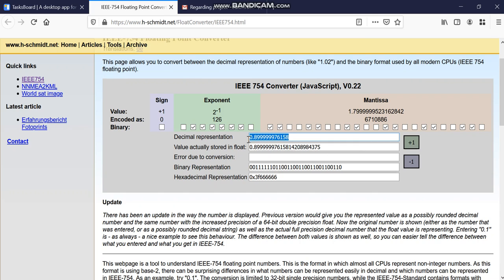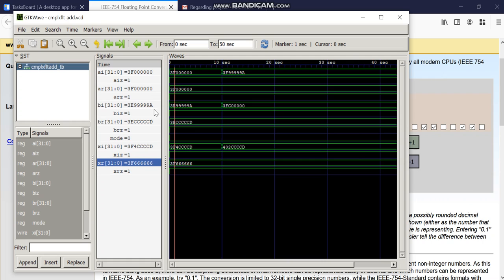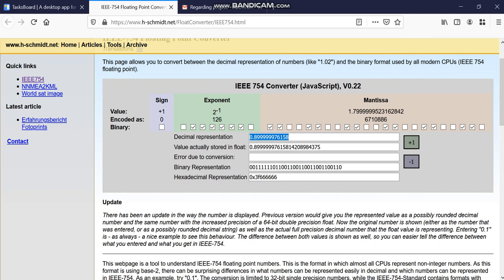So yes, this is equivalent to 0.9. Now coming to the imaginary part of the first set of inputs, it is 0.5 and this is 0.3, which should give us 0.8. Let us check the value.